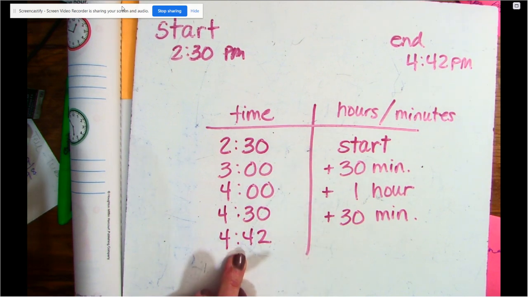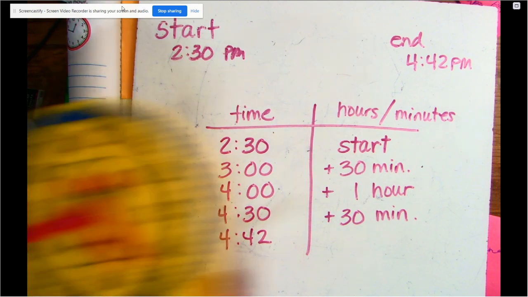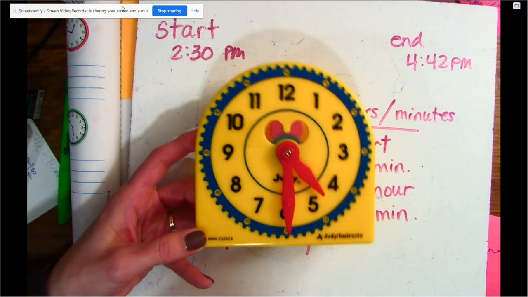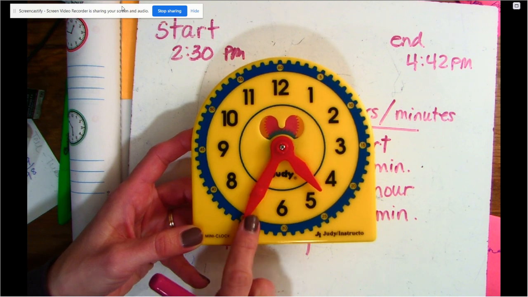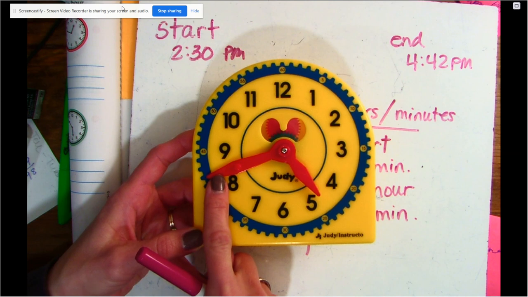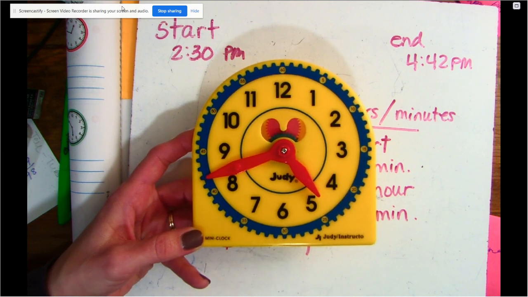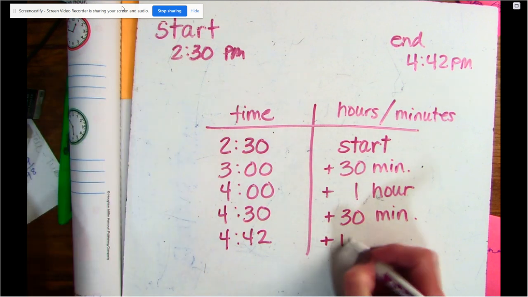That's where we want to end up. That's our goal. How much time passed from 4:30 to 4:42? Let's look again. 4:30 to 4:42. 5, 10, 11, 12. 12 minutes gets me to 4:42. So now I'm going to write 12 minutes.